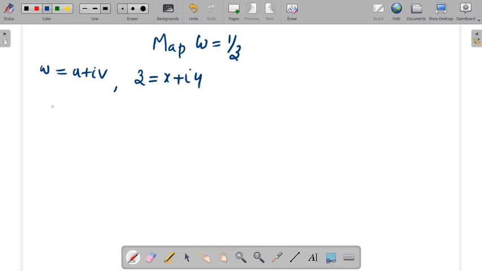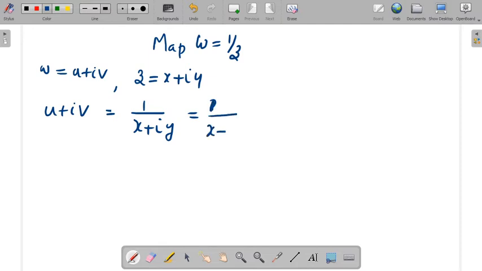So we can write this as U plus IV equal to 1 by X plus IY, and to separate the real and imaginary parts, we multiply with the conjugate of the denominator.